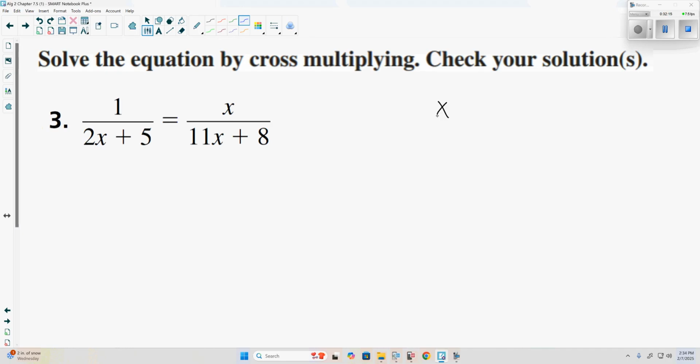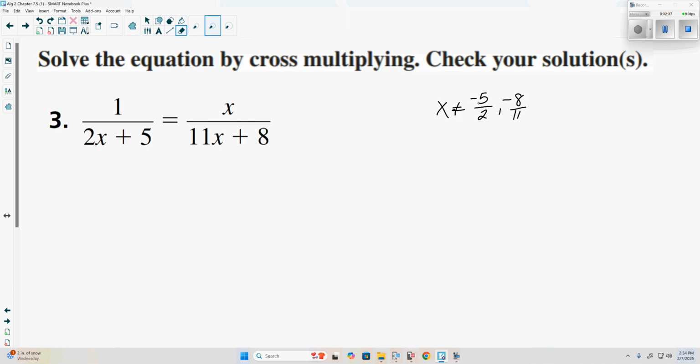I'll tell you right now, x cannot be negative 5 halves or negative 8 elevenths. If it's either one of these, no solution.